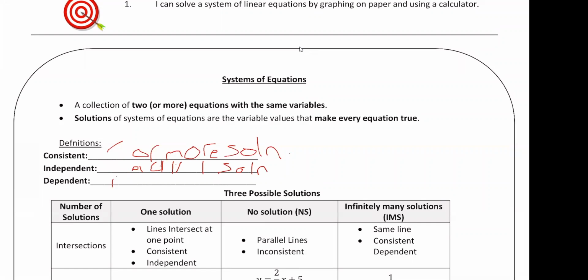Here, let me see if I can just type these in. So consistent is one or more.